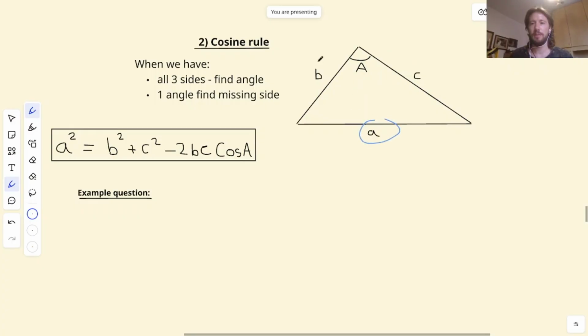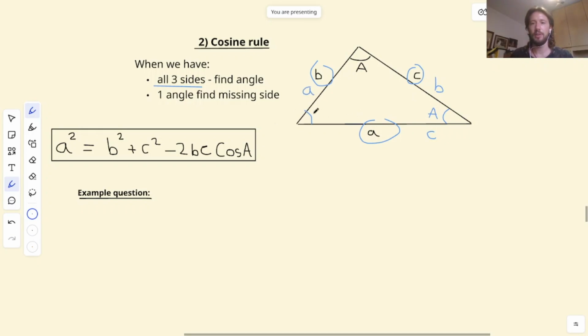So you might be given all 3 sides and you want to find an angle. And you can use all 3 sides to find any of these angles. Just change the name of A and B. For instance, if this is the angle that you want to find, then we can call this one A, and we can call these B and C, and that side a for our formula.